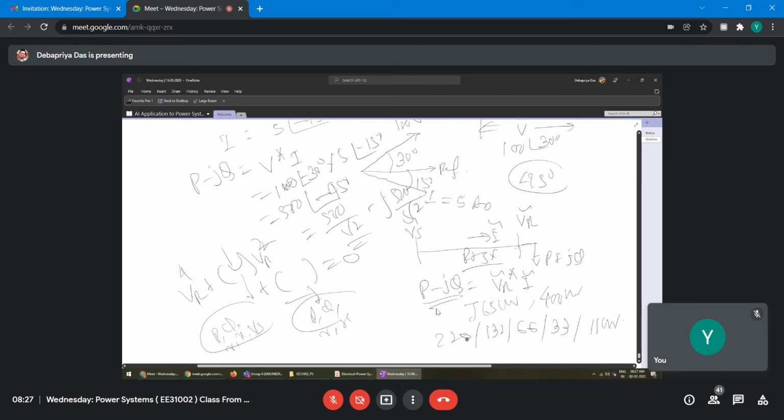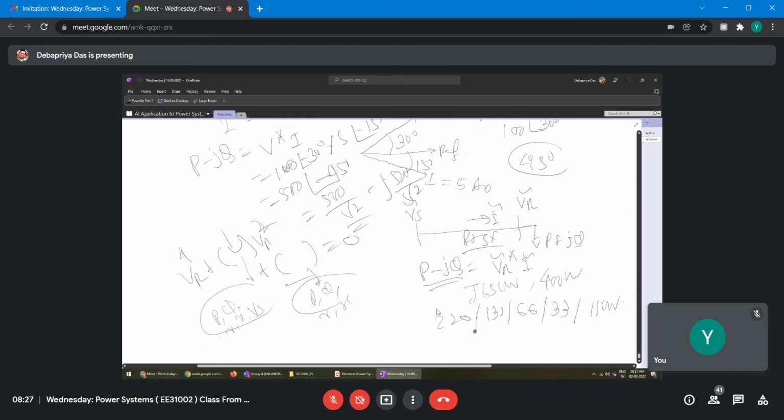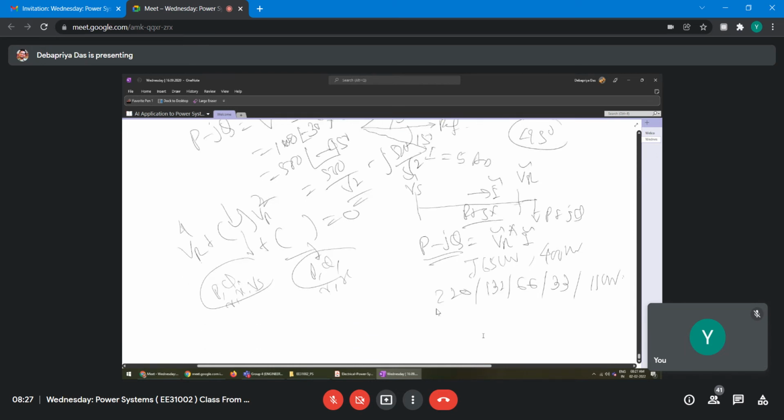All are multiples of 11, but I cannot give you any reason for that, it is a British standard, so it has been coming since then. So the question is that whenever you get the solution, you have to justify that only one solution is feasible, using the mathematics you have studied.